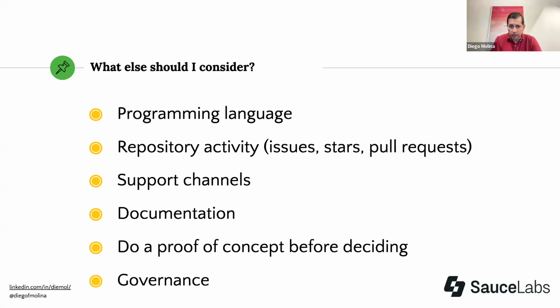And to be honest, the amount of people we have at Sauce and the quality of knowledge we have at Sauce to help you succeed in automation is just incredible. So that's one of the things you should also consider when choosing a tool: how well does this tool work with my preferred vendor?